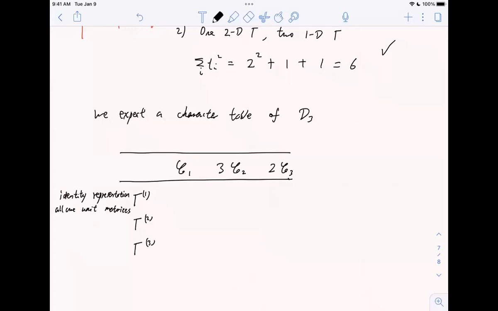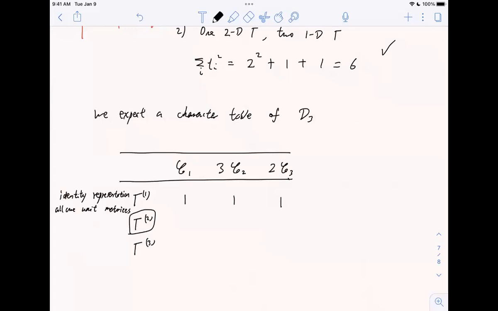Then no matter how you rotate or reflect your system, the number won't change. If you have a vector and you rotate it, the vector will change. But if you start with only a number, then it won't change. So if a certain quantity never changes under any symmetry operation, then it belongs to the identity representation. So for the identity representation, what is the character? It's always 1, right? So you can fill in all 1.